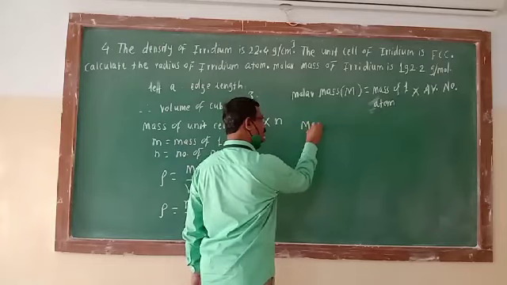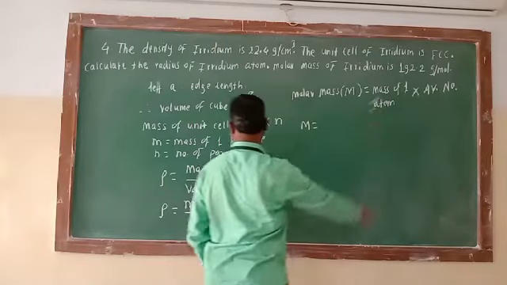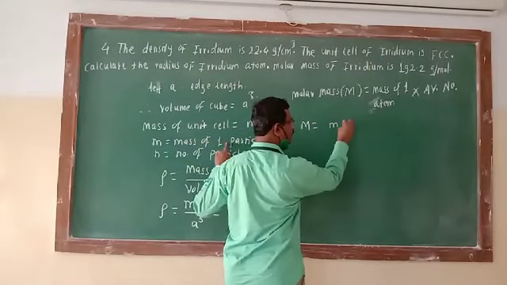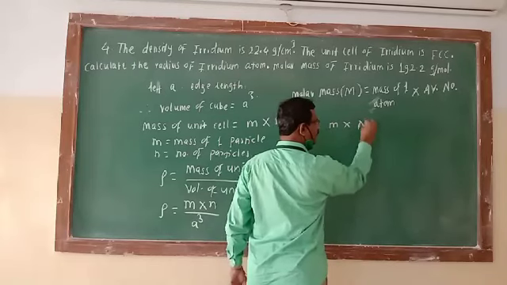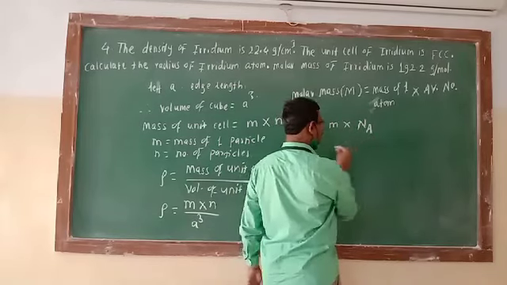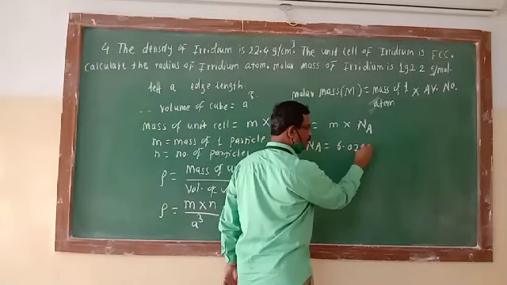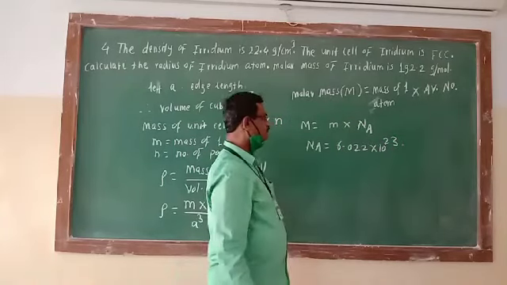Therefore molar mass M will be equal to small m multiplied by Avogadro's number Na, and we know Na has a value of 6.022 into 10 raised to 23.